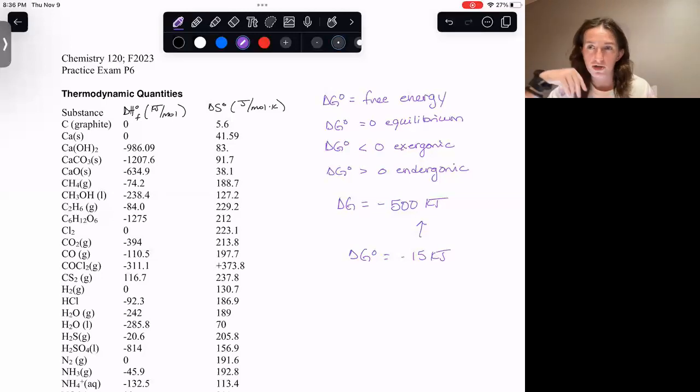Yep, so there was a follow-up question, and it said those reactions would be efficient, but the free energy is not usable for work, and that is correct.